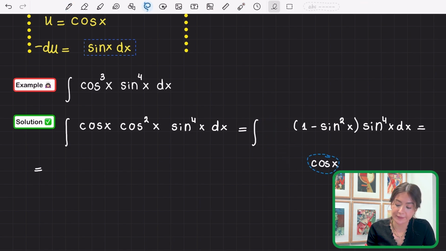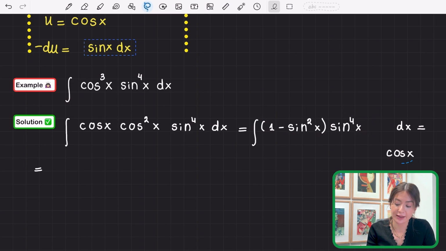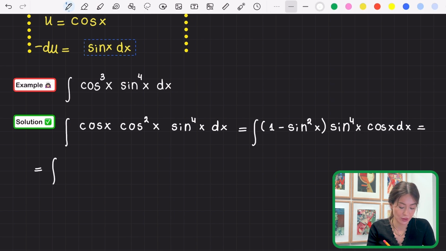Usually this cosine, as we said, we're going to keep and tuck away for du. So I'm going to write that next to dx. It's not essential, but I think it kind of keeps things organized.